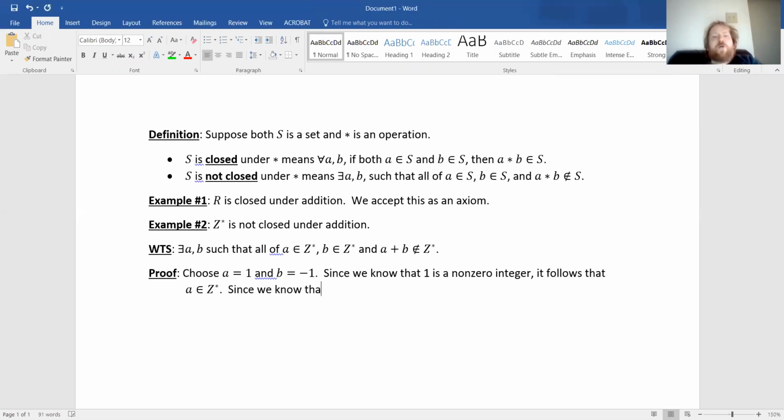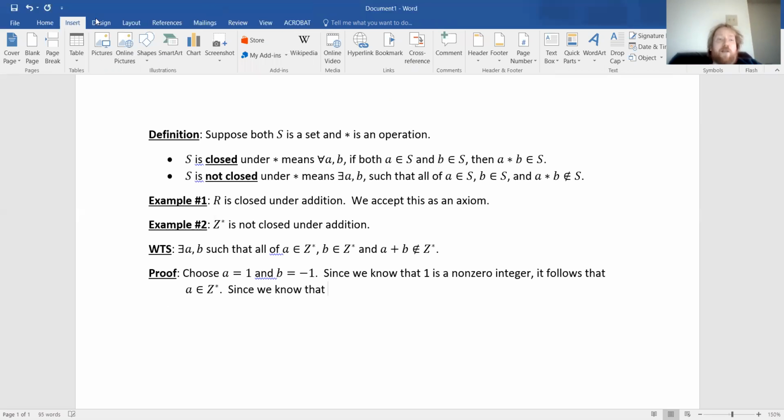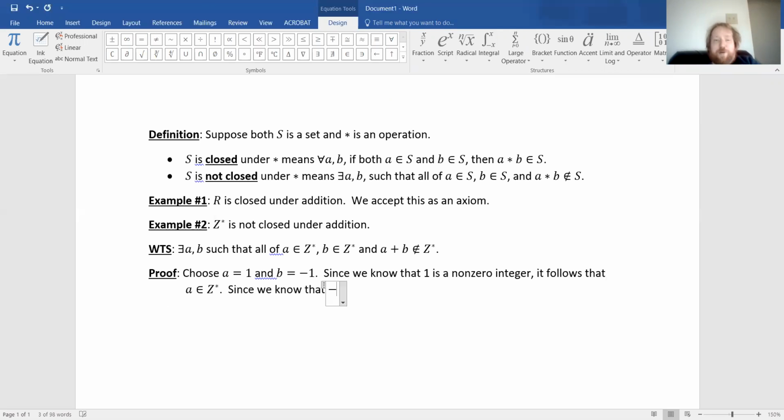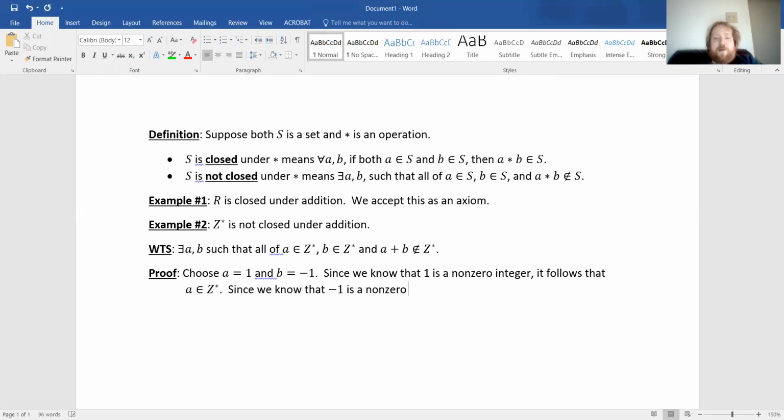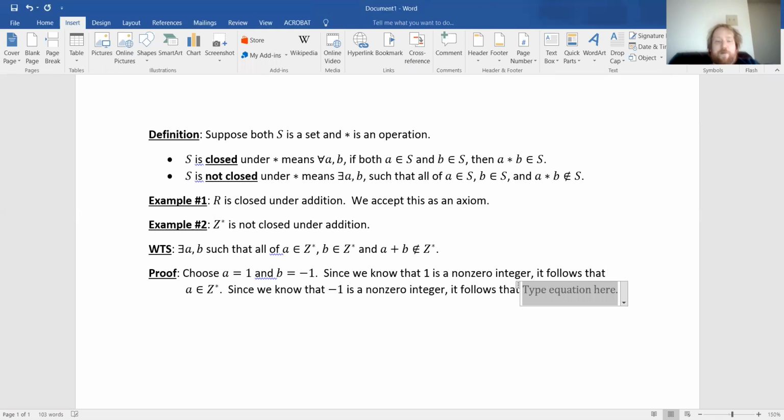Since we know that -1 is a non-zero integer, it follows that B is a member of Z star.